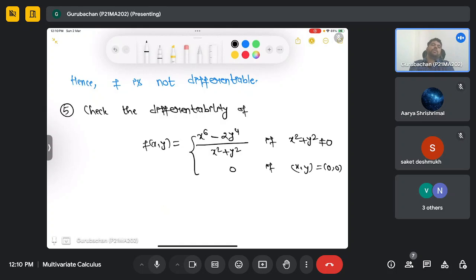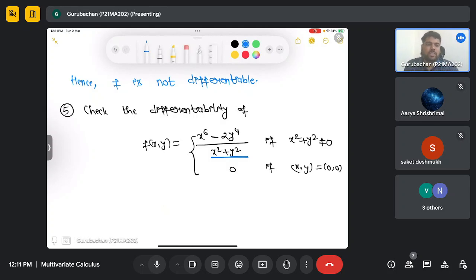Again, this function is given in two parts, and we know that this is a division of two differentiable functions whenever x, y is non-zero. Thus, we can say that our function is differentiable for all non-zero x, y. When x, y is 0, 0, our function is breaking into two parts, so we have to check the differentiability particularly at 0, 0.